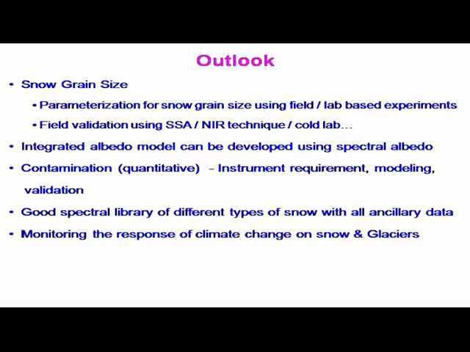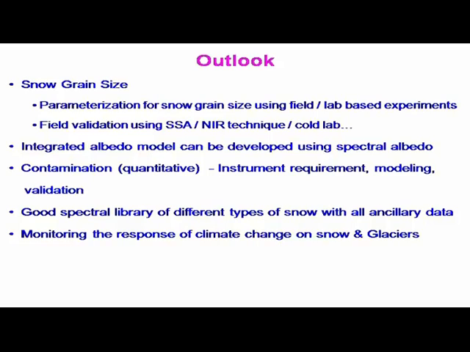So field validation using the SSA or NIR technique is a must for the comparison of the snow grain size. Secondly, from the spectral albedo data, we can develop a model for integrated albedo, which has a lot of application in net radiation balance.